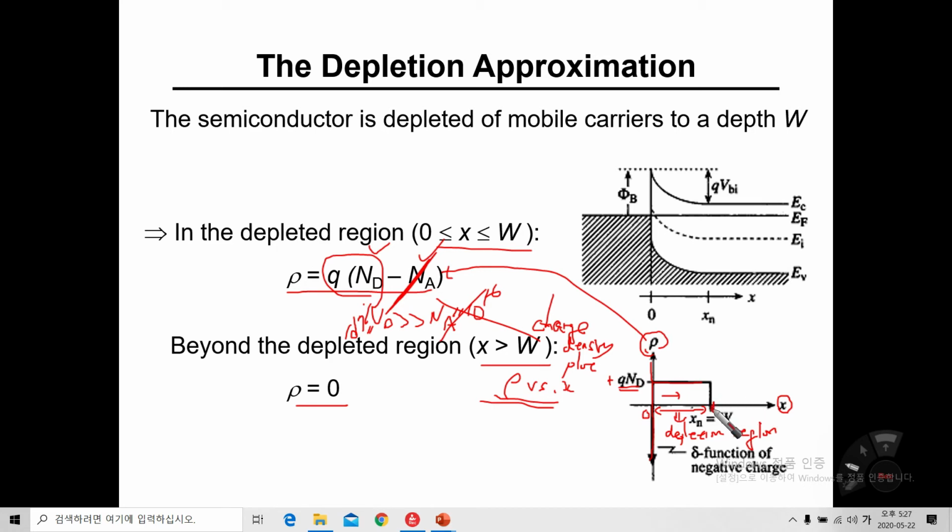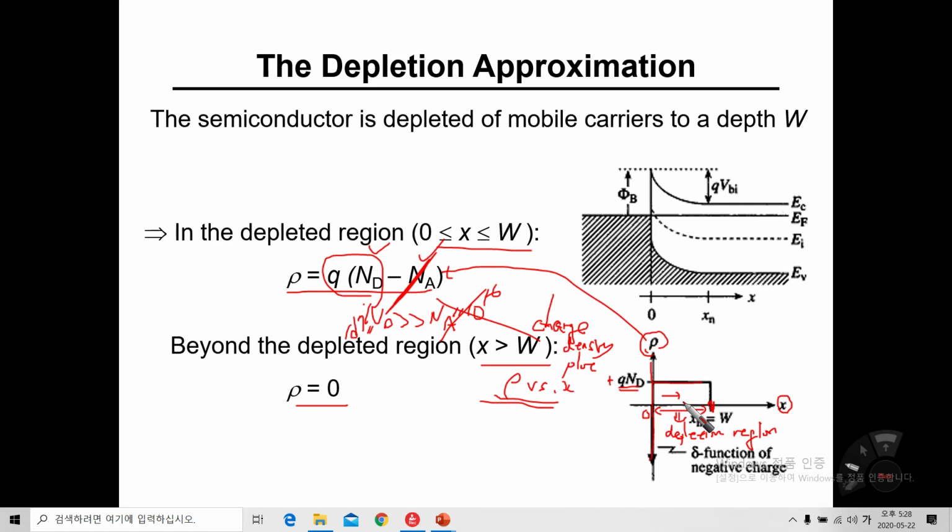And at x equal to W, the charge density is abruptly switched to the zero value. That does not really happen; it is not physical at all. But we have adopted the depletion approximation. The depletion approximation says that if x is lower than W, there are no free electrons.